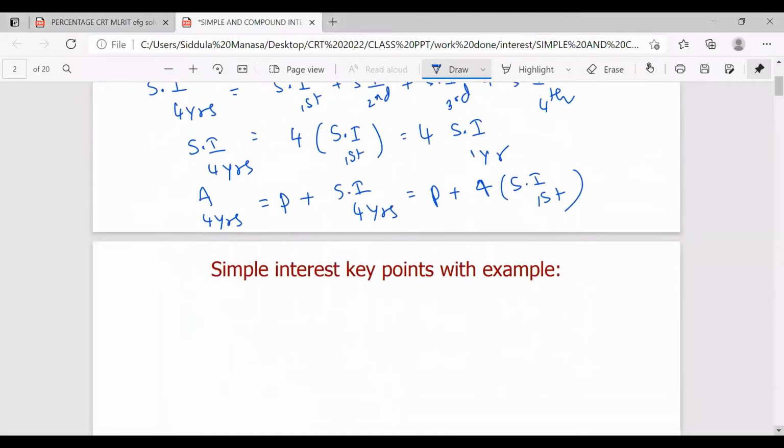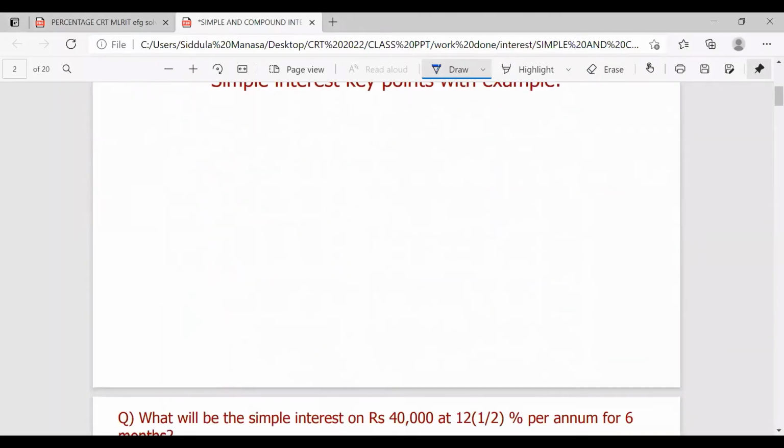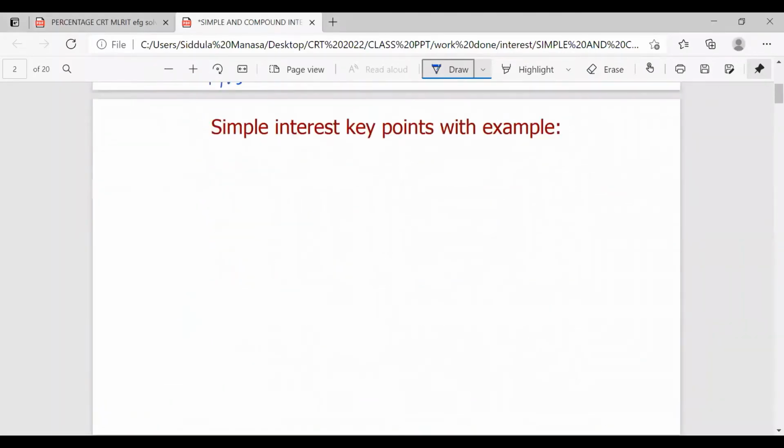So moving to the next. Simple interest key points with an example. Let us take principal equal to 1000, time period equal to 3 years, and rate of interest 10%. So simple interest for 3 years is principal into time period, which is 3 years.